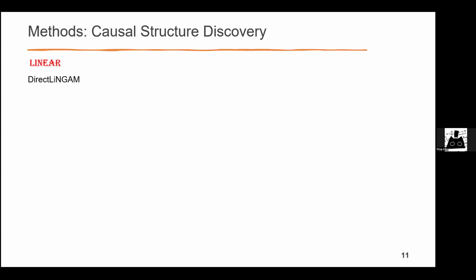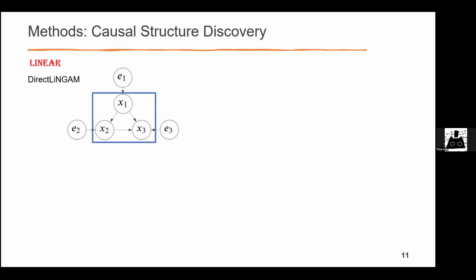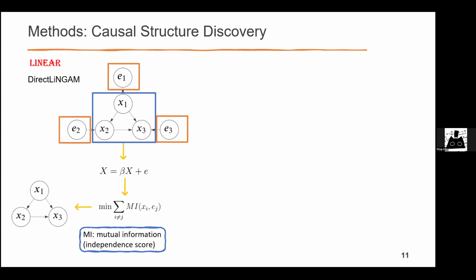First, I will talk about DirectLiNGAM, which is designed based on a linear relationship assumption. Here we have an example of a causal structure in this figure. LiNGAM assumes that each variable is generated as a linear combination of its causal features and additional noise, which is shown in the following equation.